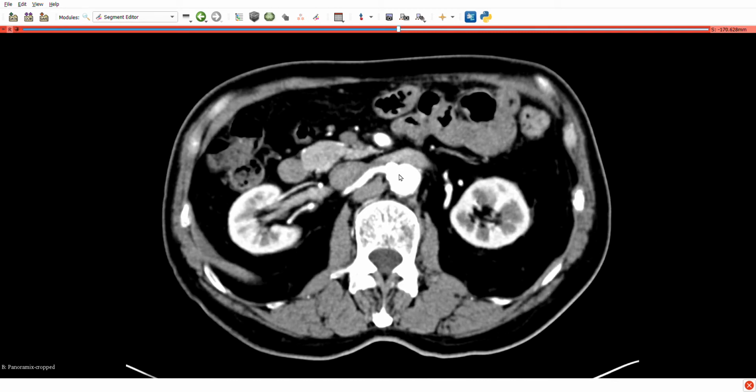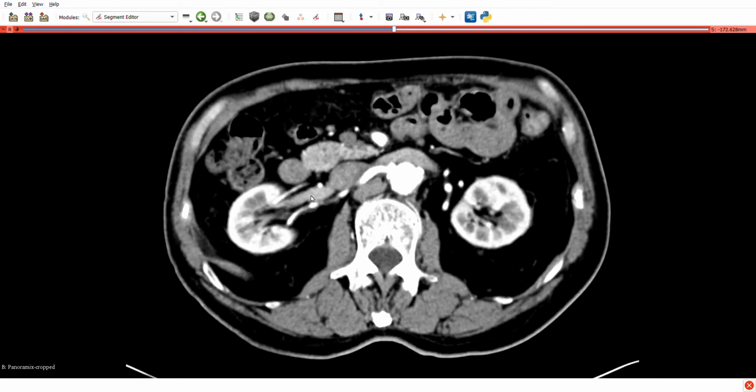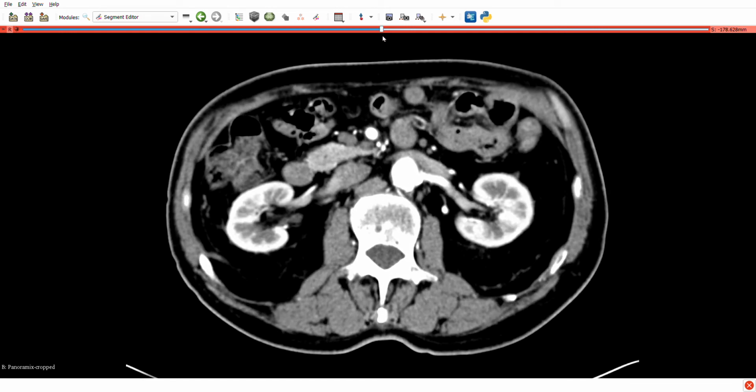So here's the aorta, and here is the right renal artery, just there, going towards the right kidney. You can see that quite nicely there. And furthermore, we can see the right renal vein draining into the IVC. On the left, let's try and find the left renal artery. Here's the left renal artery.